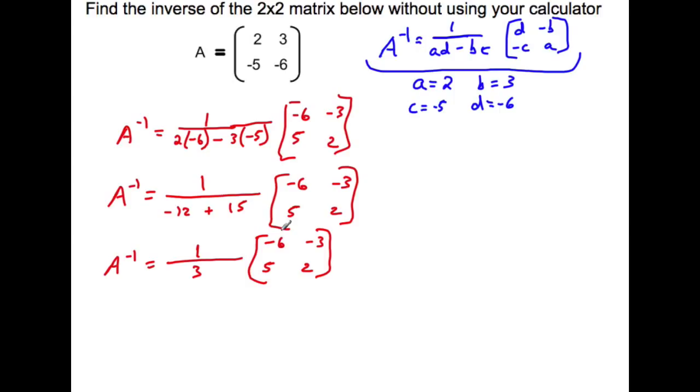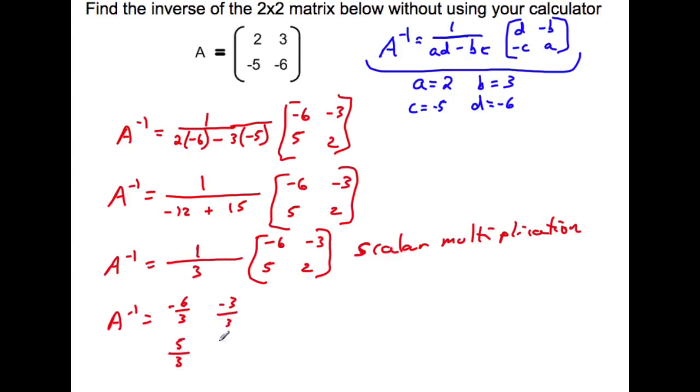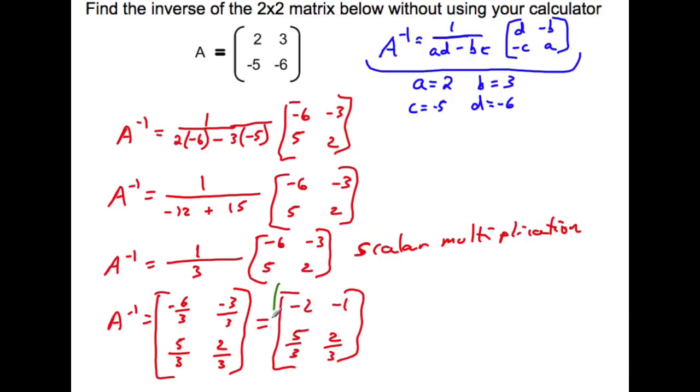Now we just have to do some scalar multiplication, which means multiplying this number by each of the elements in the adjugate matrix. And then we'll simplify. So this right here is A inverse.